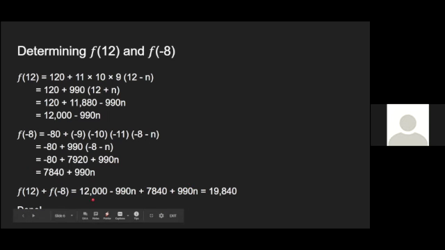Just add 12,000 plus 7,840, and we get 19,840. So our answer is 19,840, and f(12) plus f(-8) is 19,840. We're done.